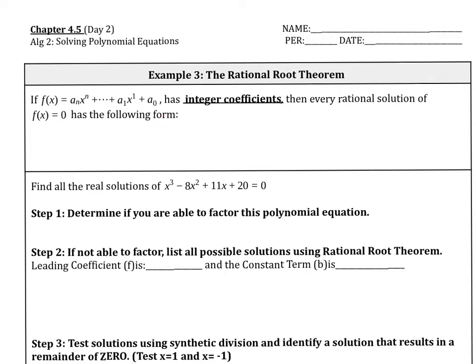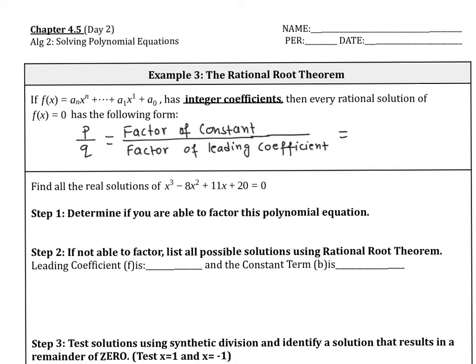The form is p divided by q, which means factor of the constant divided by factor of the leading coefficient. In this case that would be a naught divided by a_n, which means the last number and the first number.